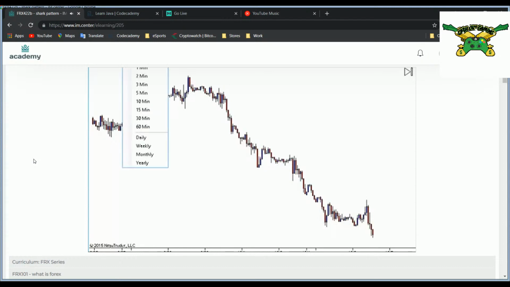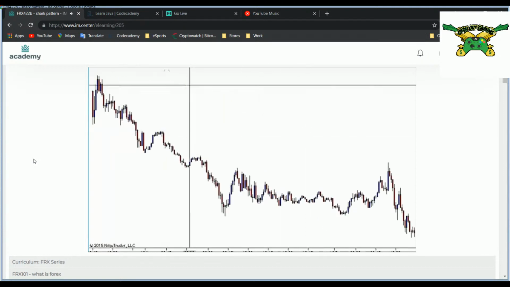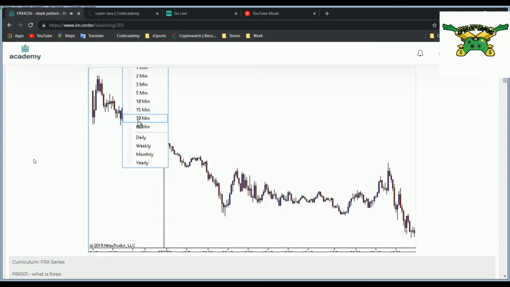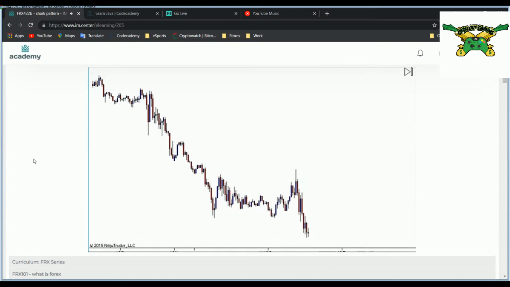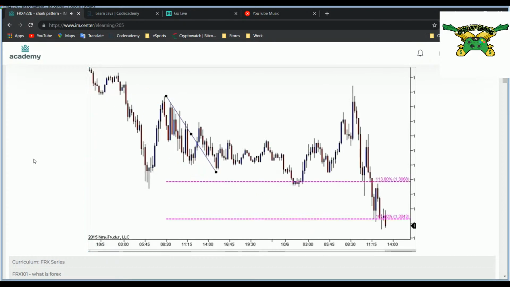Okay, let's check this on a 15-minute chart. I should make it a 30-minute chart. And we will show you the shark pattern. Okay, what we are looking at here is the basis for the shark pattern.